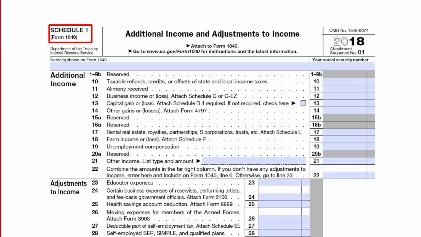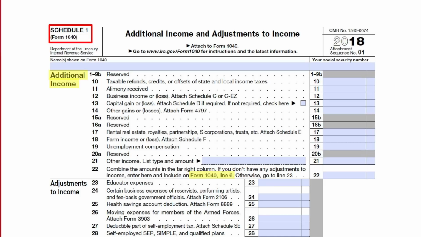And on the first section of this Schedule 1, we have, highlight, additional income. So we've got all the additional income items from lines 1 through line 21. And line 22 says, combine the amounts in the far right column. And this is the total that you enter here and include on, highlight, Form 1040 line 6. That was the line where we had total income or gross income.